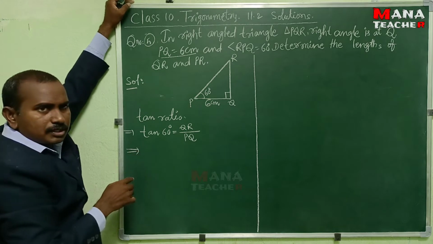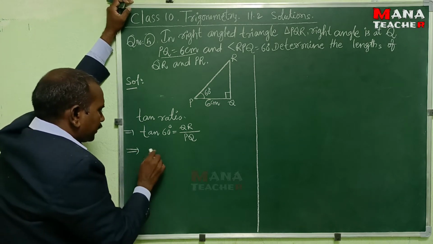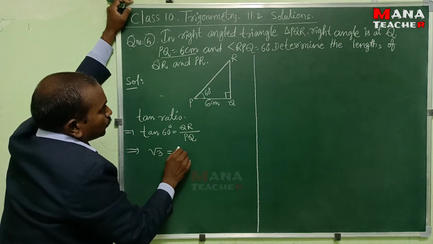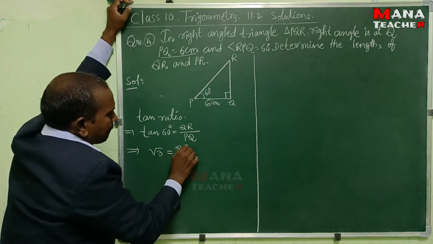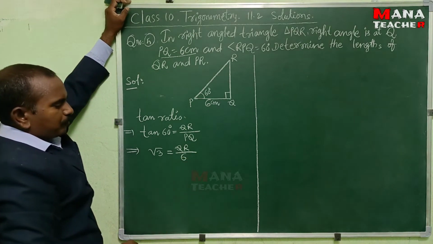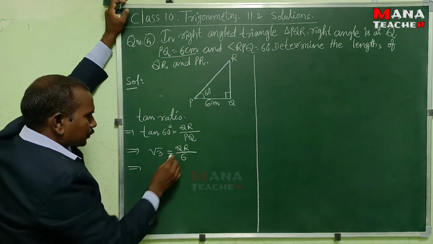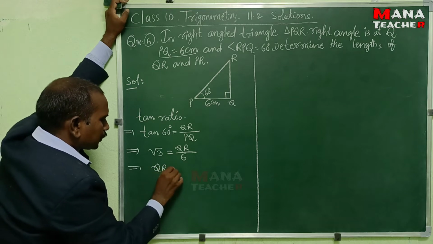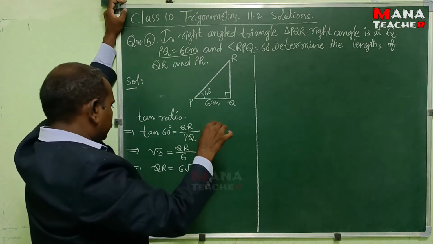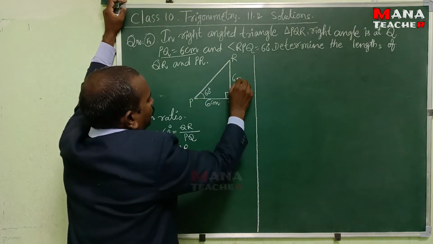Now what is the value of tan 60? Root 3 equals QR by PQ, 6 centimeter. From this, QR equals 6 root 3. This is 6 root 3 given.